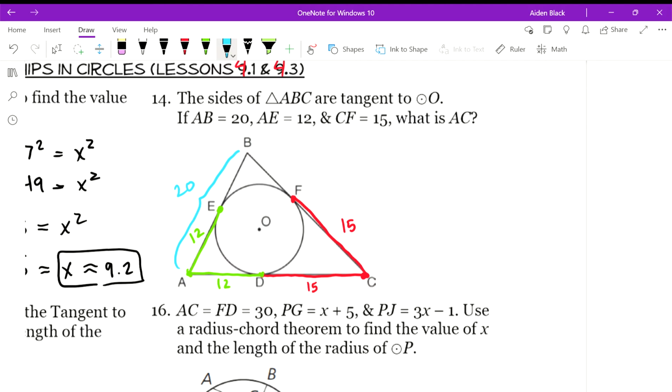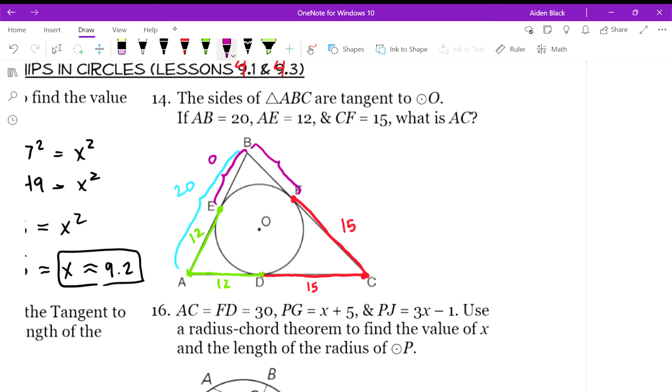Now, how do you figure out this value though, right here, BF? Well, BF is congruent to BE, and since we know all of that segment BA is 20, that blue segment, and we know that AE is 12, then BE must be the difference between 20 and 12.